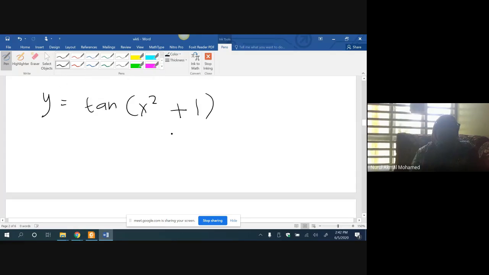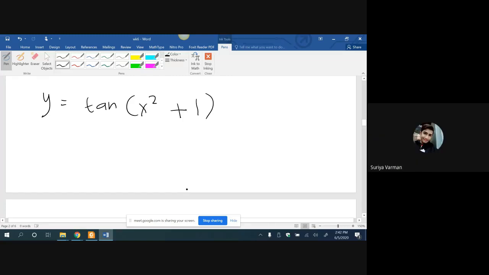And then what is your previous knowledge in terms of tangent? The derivative of tangent will be secant squared x, isn't it?